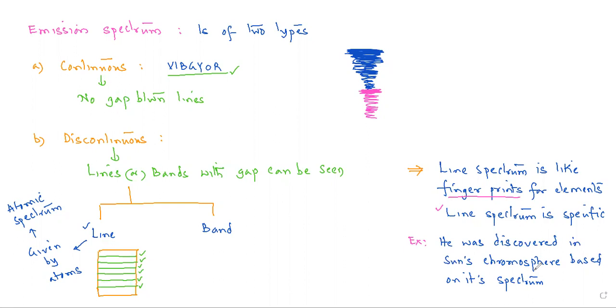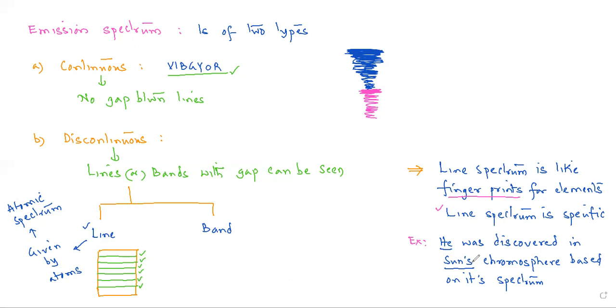It didn't match with any other spectra. So they thought that it is of a new element, and to that new element, scientists gave the name helium because helios means sun. Helios is nothing but sun. It was discovered in the sun's chromosphere on a complete solar eclipse day by Janssen and Lockyer, two scientists. So this is all about line spectrum.